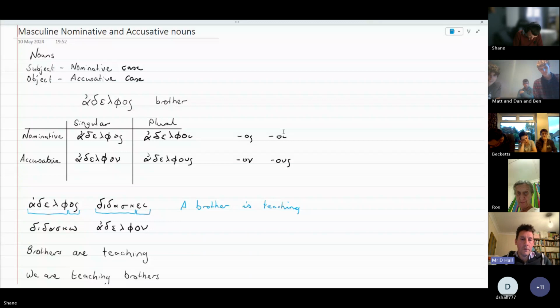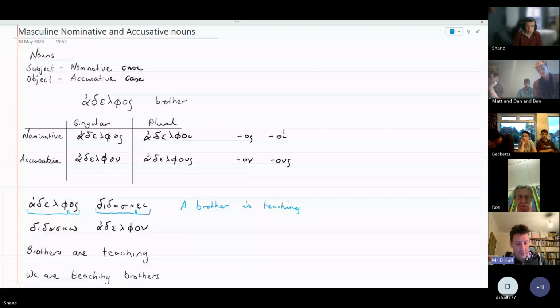That's what we do when we translate. We're going to have to identify our words. That's why we need to learn the vocabulary, because we have to learn the stems, then the endings that come with them, so that we can piece together the words into a sentence. So if we go to the next one, let's have a look at what we've got now. We have didasko. I'm trying to keep it simple enough so we can see what's happening.